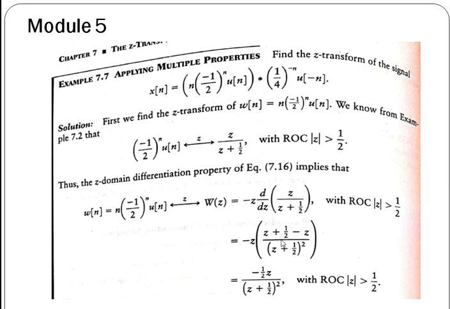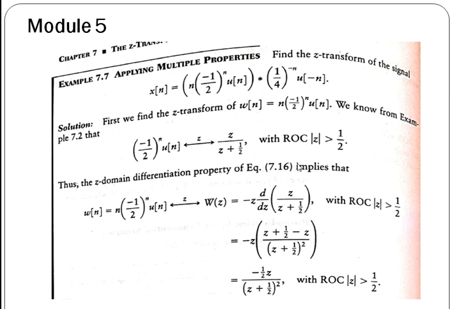The differentiation by the u by v rule gives this much divided by this much. We write the numerator as it is, differentiation of z is 1, so we get this. Then we write this z as it is, and the differentiation of z plus 1 by 2 is again 1. So we get this much, which is the z transform of n into (minus 1 by 2) raised to n u of n.